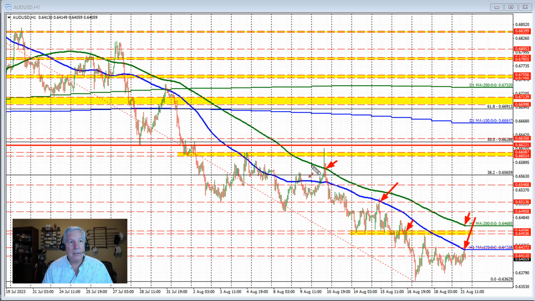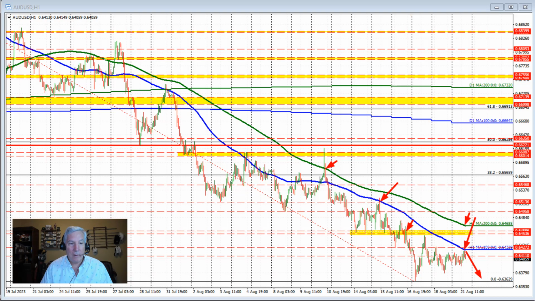You can see it's been a while since we've traded above the 200-hour moving average. But first things first, you need to get above the 100-hour moving average. You need to get above the swing area, and then we'll target the 200-hour moving average. If we stay below this level, the sellers remain in control, with the low price from last week as a target level eventually.